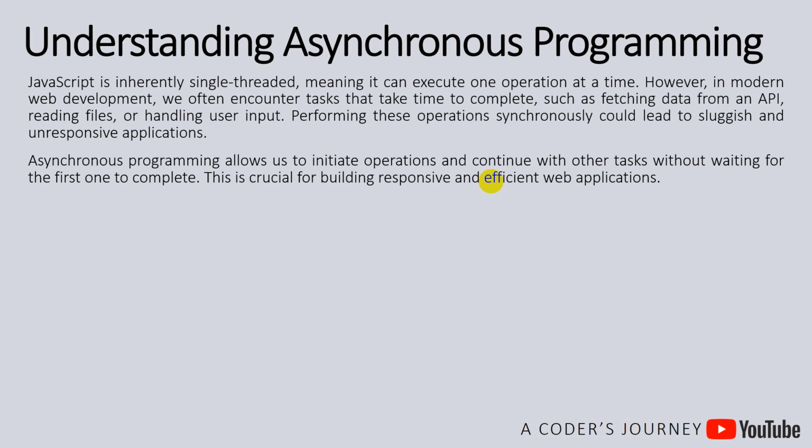For example, when you want to fetch some data from an endpoint, right? When you want to read the content of a file, when you want to, for example, handle user input. In these scenarios, we want to implement asynchronous code or write asynchronous code. And one of the best ways in JavaScript to write asynchronous code is using promises. This is it for this video.